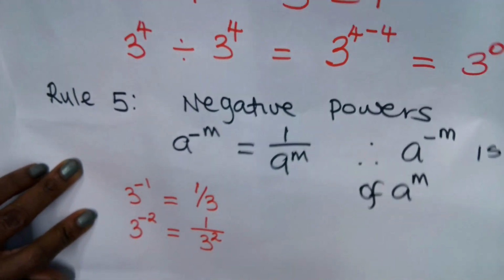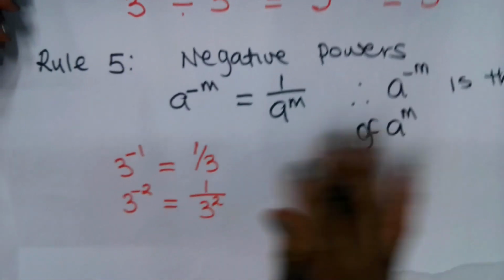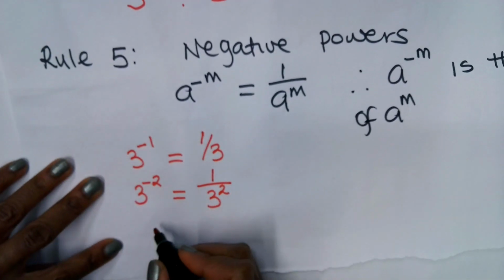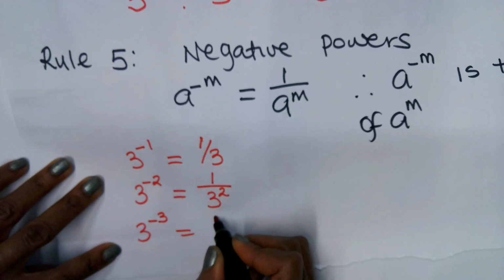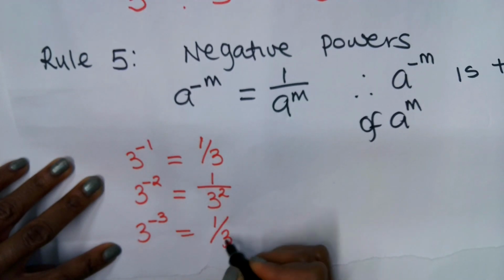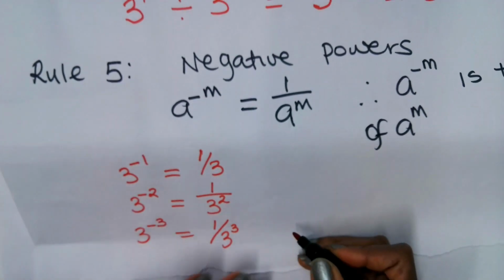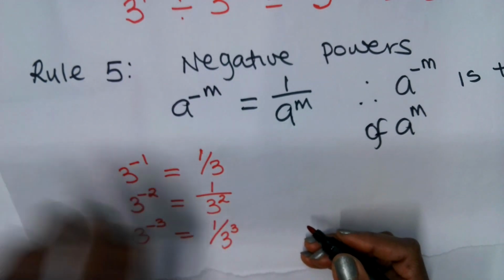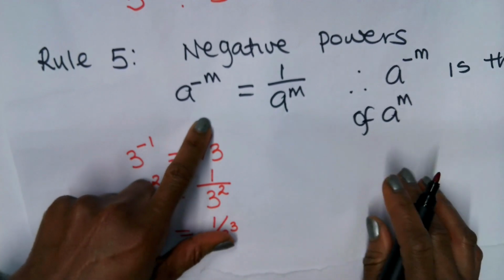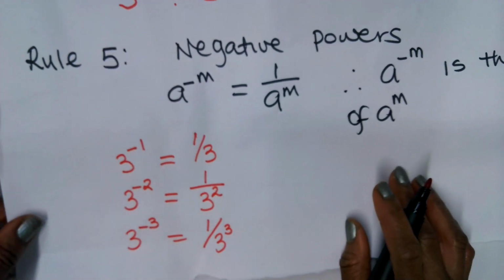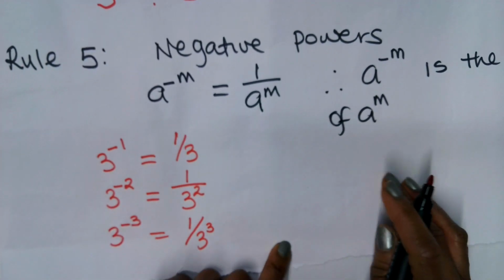Now let's do one more example. If I have 3 all raised to the power of minus 3, that means 1 over 3 all raised to the power of 3. So we have to always bear in mind that the negative powers, this rule 5, is talking about the reciprocal of that number.